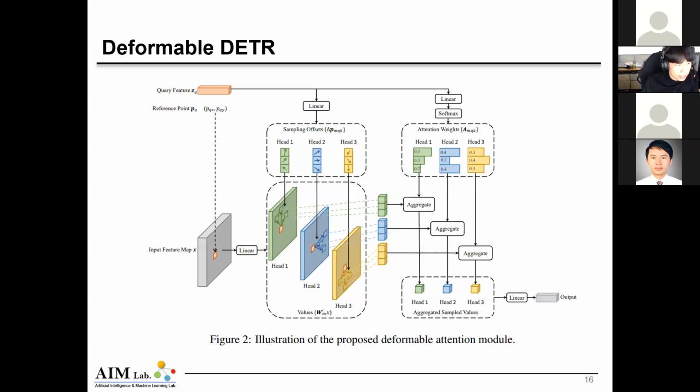They say they got enough performance training with only 50 epochs, while DETR trains over 500 epochs. So that is the main idea of this paper: they reduce the computational time, and the network is very simple to train and converges very easily.